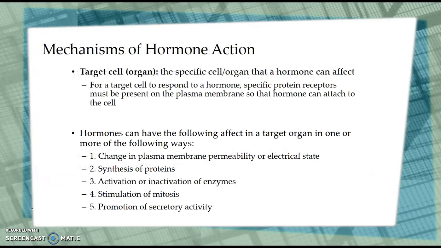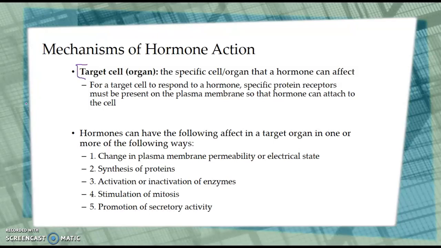So we're going to talk about how hormones actually work. And there's a few things that we need to talk about first, and one is called a target cell. Target cells are the specific cells or organs that the hormone is going to have an effect on. For example, you release a hormone called growth hormone from your pituitary gland.